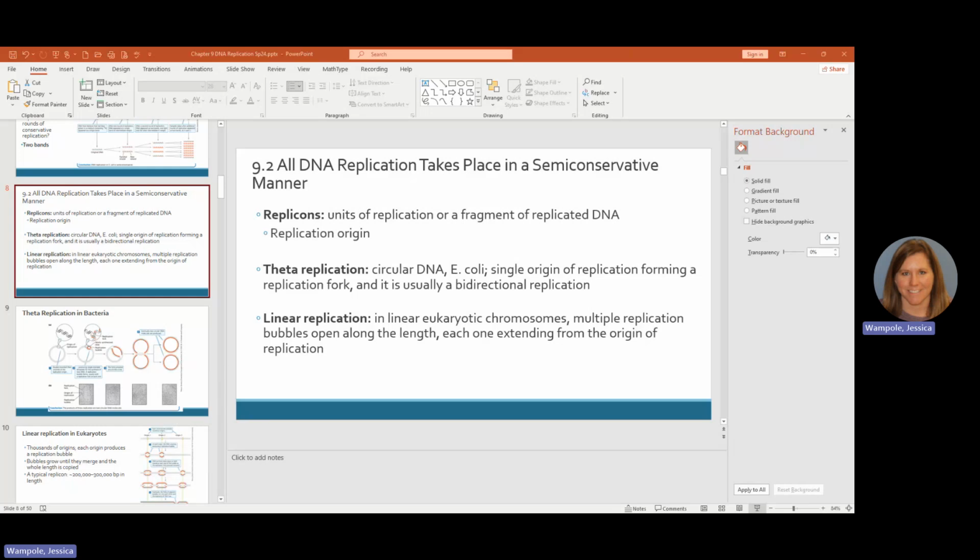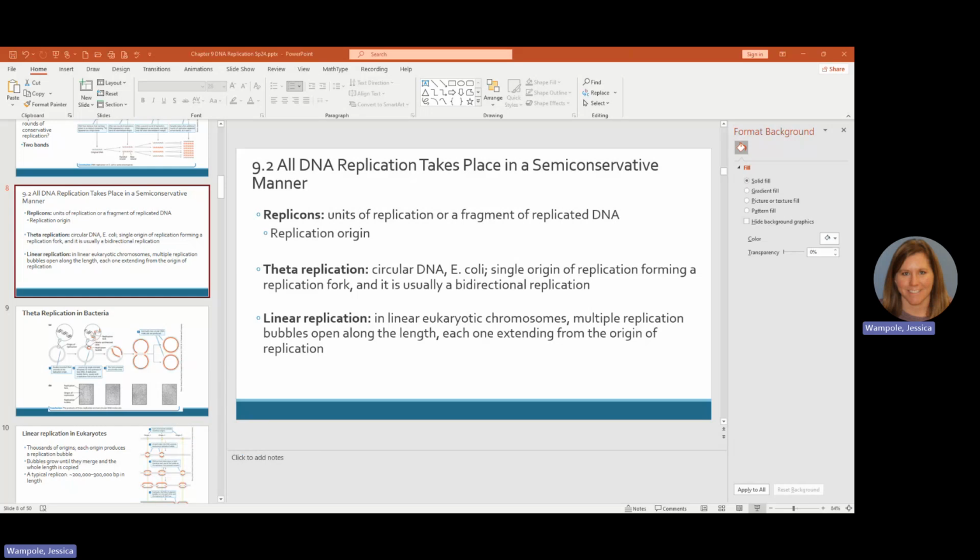And then each new daughter strand is going to be built using the parent strand as a template, following the rules of complementary base pairing. And what you end up with are 2 pieces of DNA that are identical to one another. So today we're going to learn how that happens.